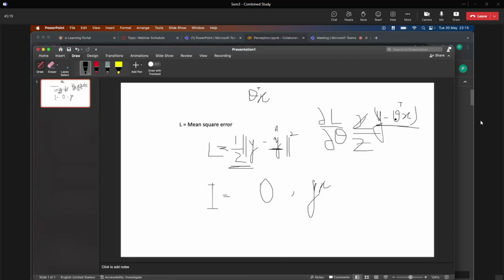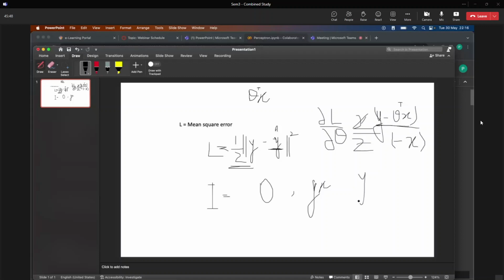This term doesn't have a theta, so this is as good as a constant. This term has a theta, but it is negative. So when we differentiate it, minus theta will become minus x.